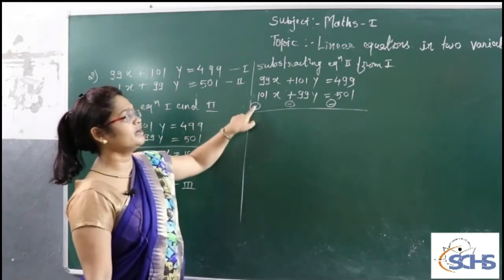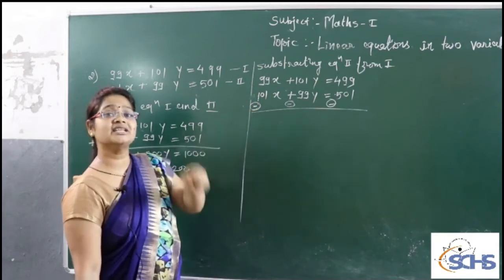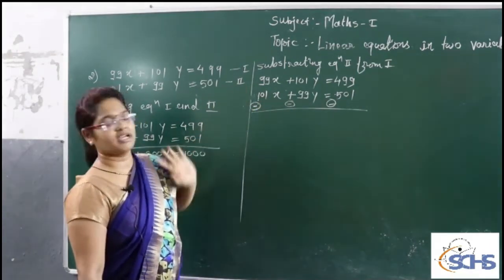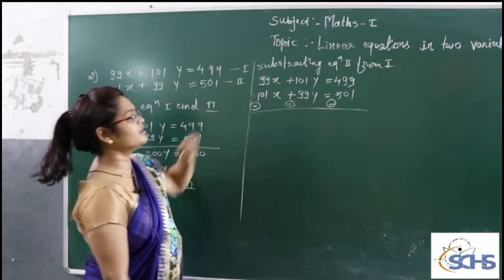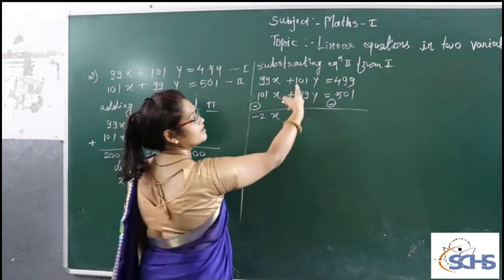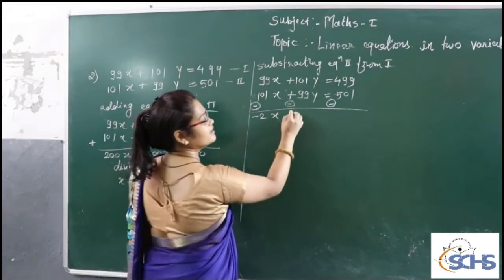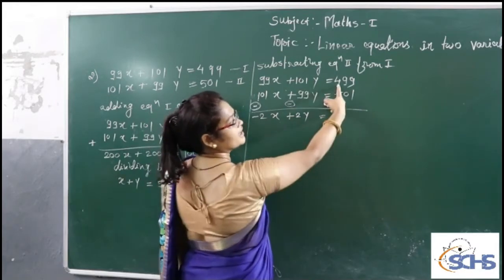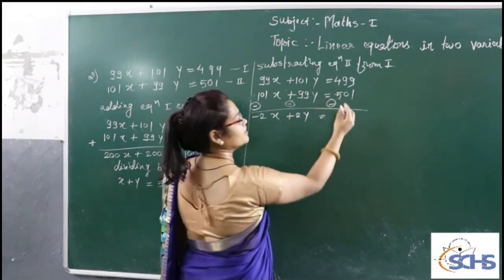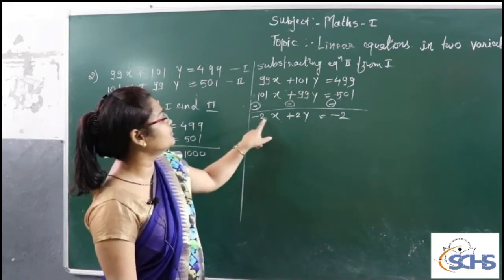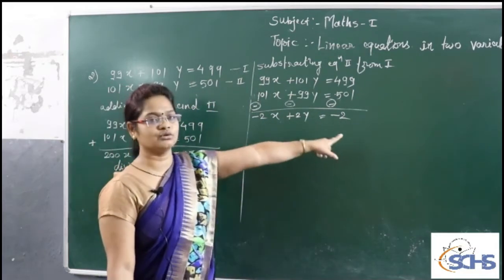So 99 minus 101, and that changed sign we will consider whenever we have to do subtraction. 99 minus 101 is minus 2x. 101 minus 99 is plus 2y, equals to 499 minus 501, that is minus 2. Now see, this equation has the coefficients minus 2, plus 2, and 2.